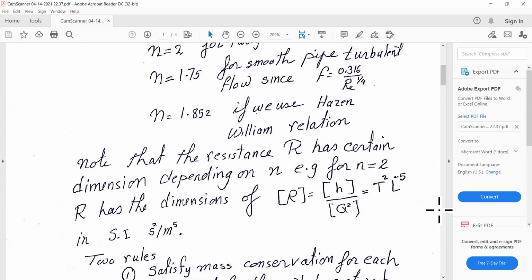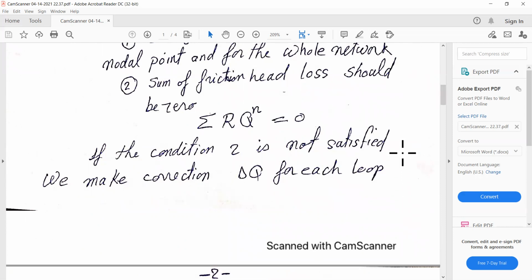We have to apply two rules for the network. The first rule is to satisfy mass conservation for each nodal point and for the whole network as one unit. For each nodal point, the mass flow coming in equals the mass flow leaving.